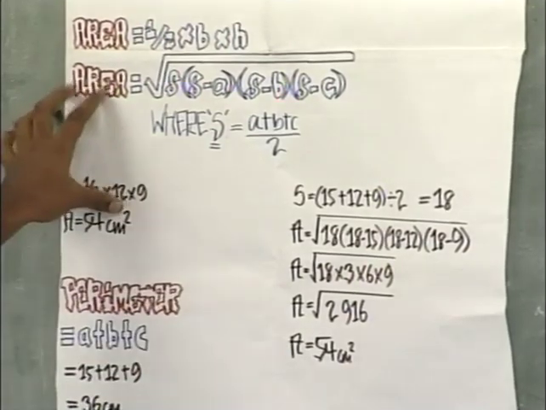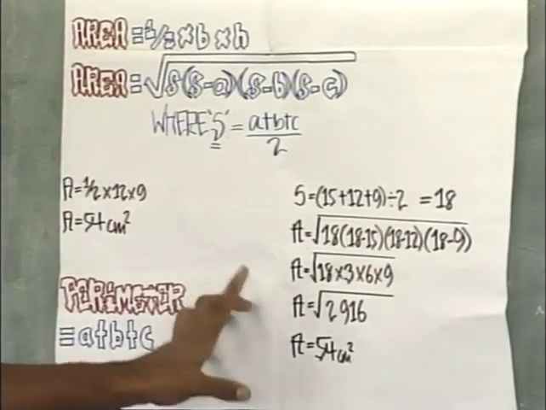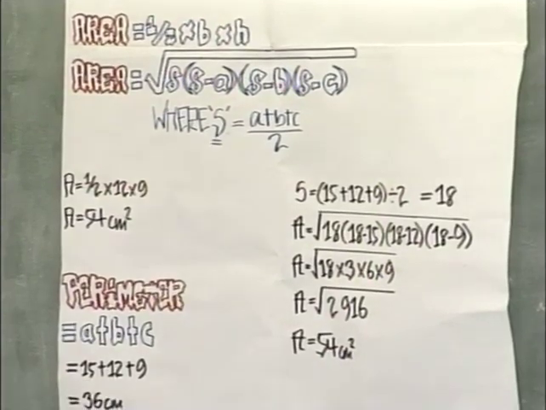So by using the second formula, the area of the triangle is 54 square centimeters.